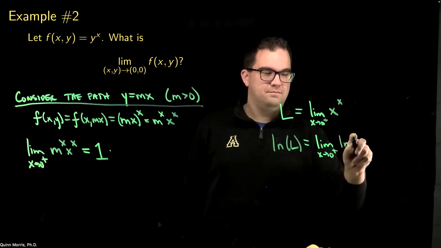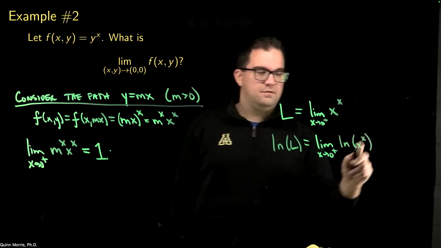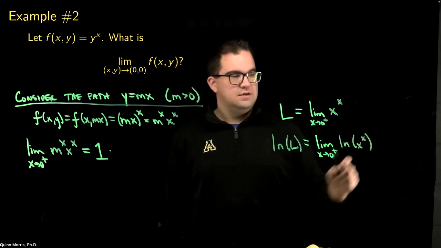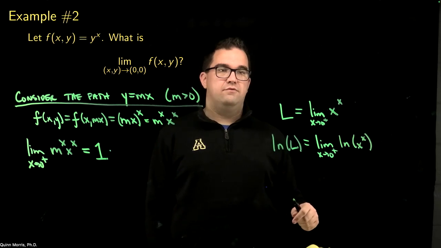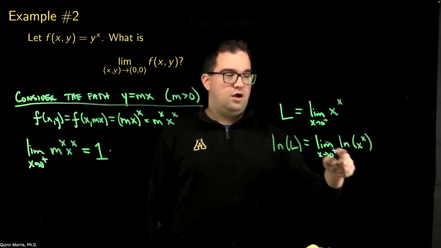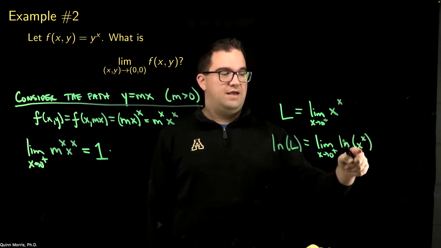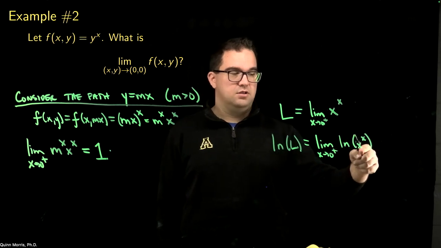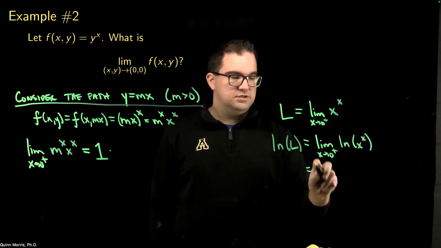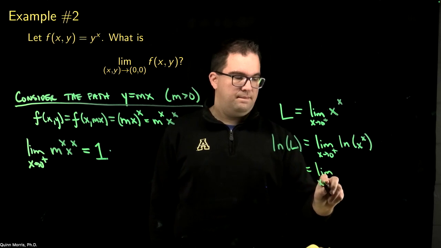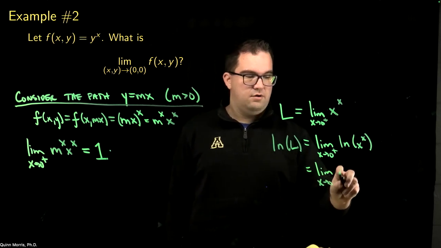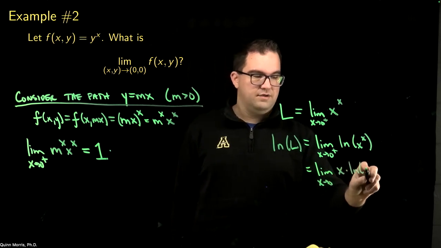Now we can use properties of the log function: log of a to the b is b times log of a. So this is really the limit as x goes to 0 of x times natural log of x.